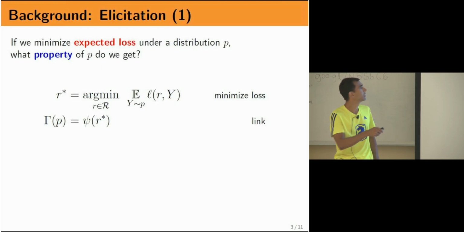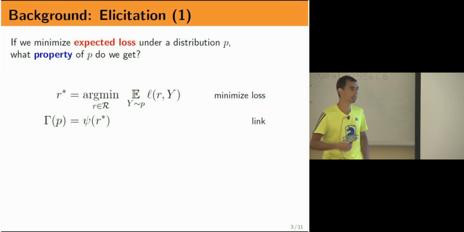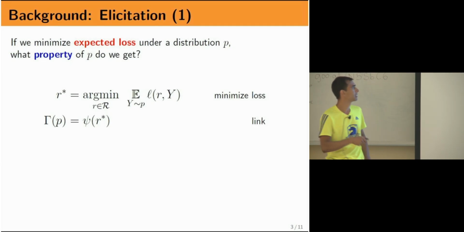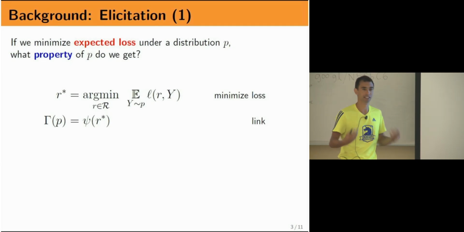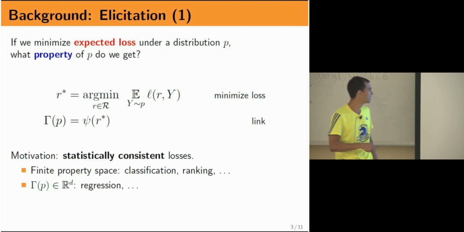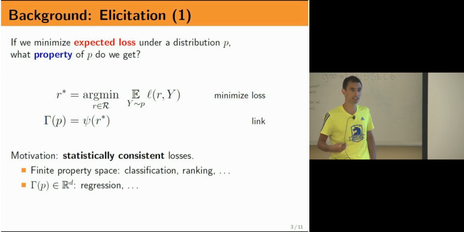The terminology actually comes from game theory, where an expert who's strategic is reporting R, and they want to minimize their expected loss, and so we're eliciting this information from them. In learning theory, the motivation often comes from trying to understand statistically consistent losses.